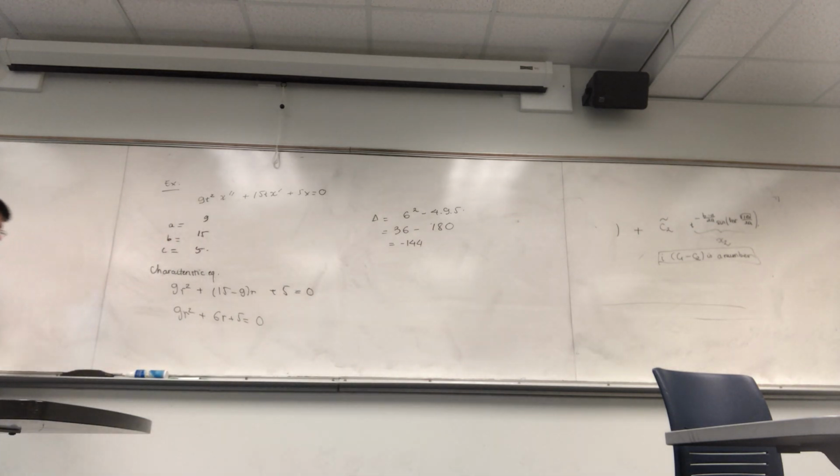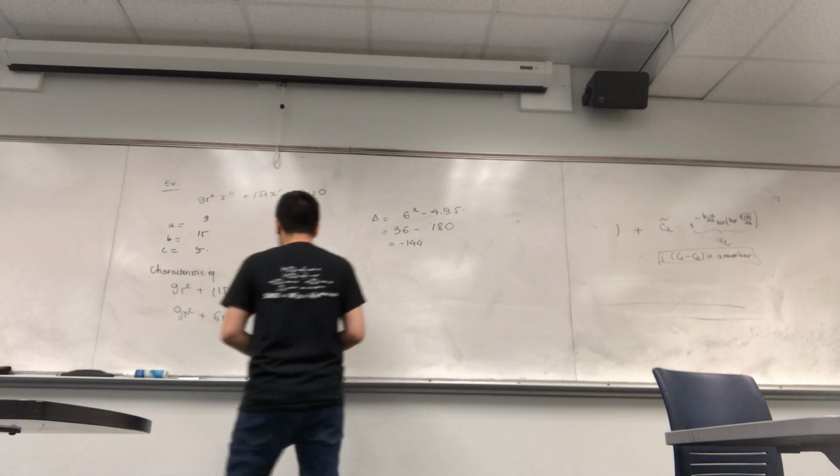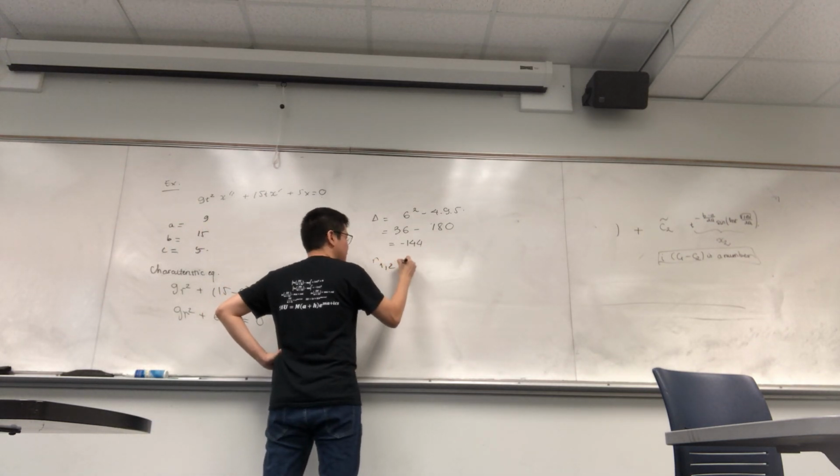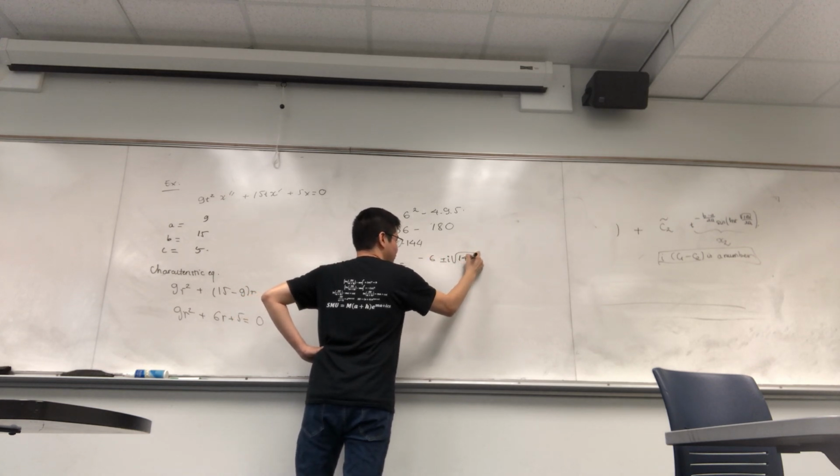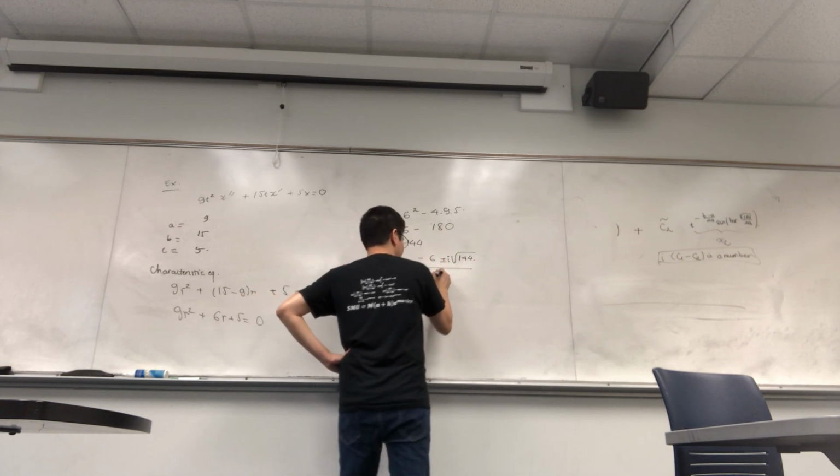So what are the two roots? It would be -6 plus or minus i times the square root of 144, all over 2 times 9.